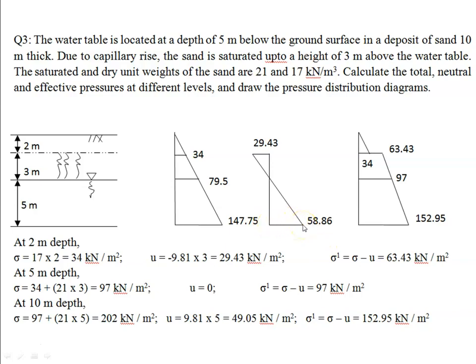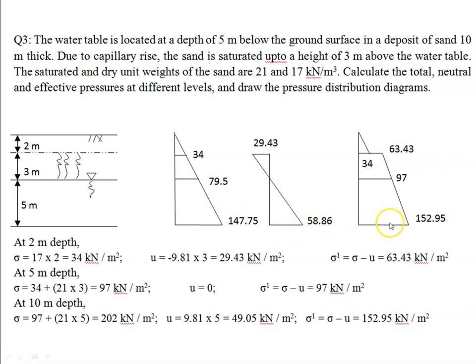The pore water pressure due to capillary rise has to be taken as negative. So it should be on the left side and pore water pressure due to weight of water should be on the right side. Then we can join the points so that we can plot the pore water pressure distribution diagram.